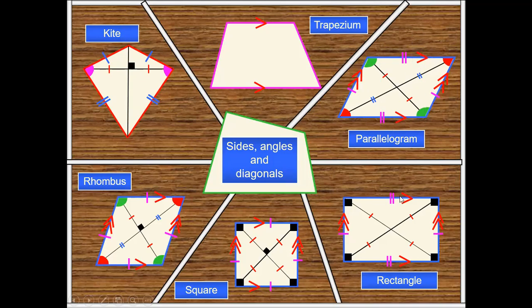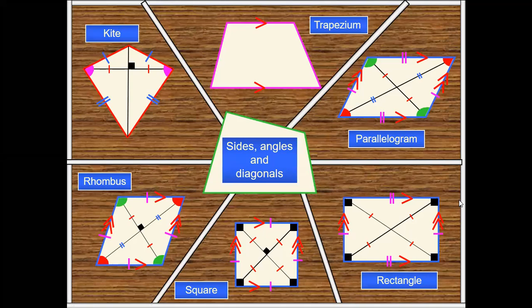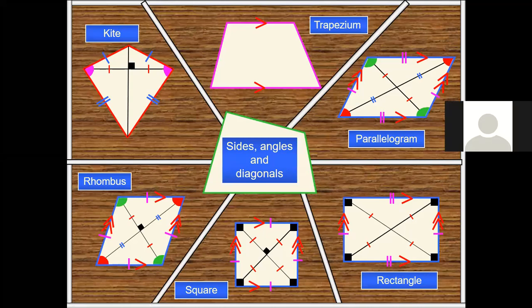Okay? So how about this one? This arrow and this arrow. Ano ang ibig sabihin nun? Yung arrow na to sa taas at saka arrow na to sa baba. Can I hear from Kirsten? Anong ibig sabihin ng arrow na to sa taas at arrow na to sa baba? This arrow, ito, sa rectangle. Yung arrow na to sa taas at arrow na to sa baba, anong ibig sabihin niyan? They are parallel po.